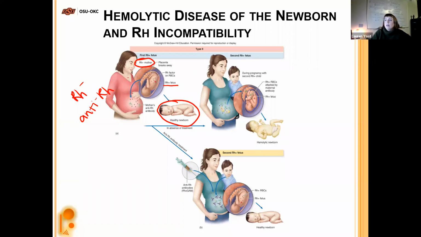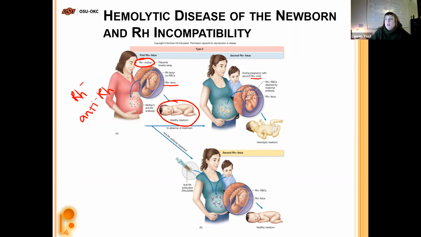This happens again. She has a second pregnancy. During the second pregnancy with the second RH positive child, remember how our antibody responses are a lot faster the second time? Once that baby starts developing blood, the mom's body is going to start attacking it. And it's usually pretty late on in the pregnancy.